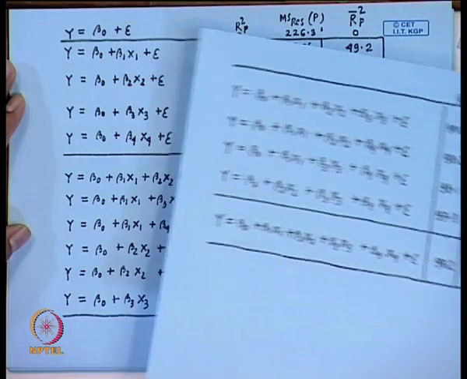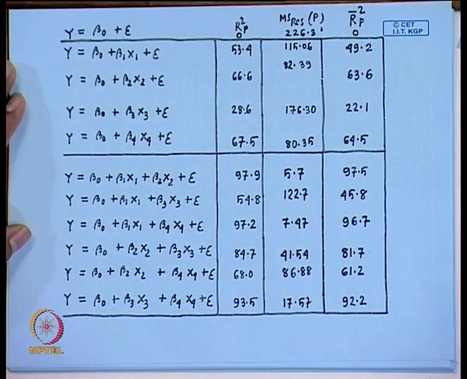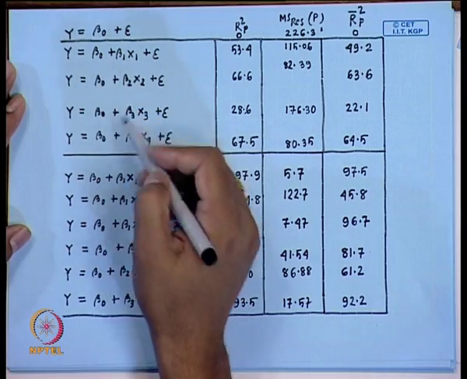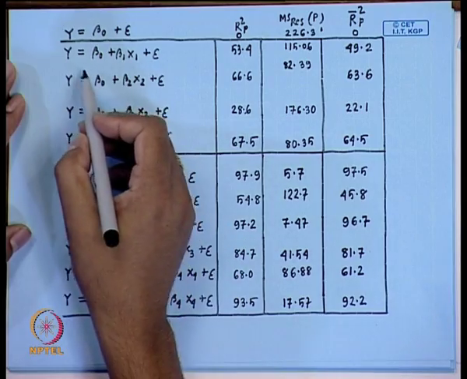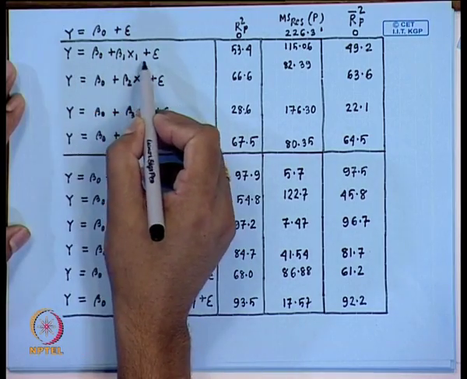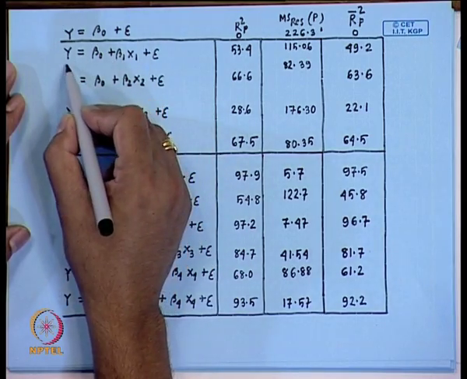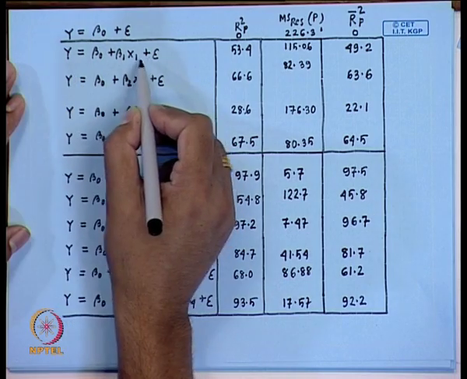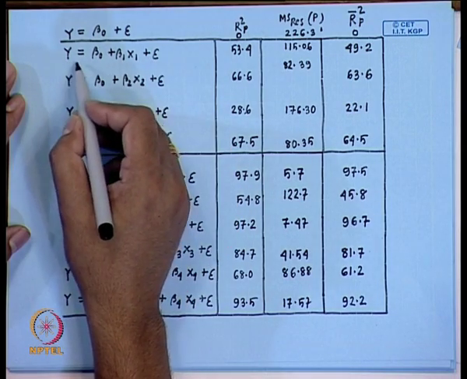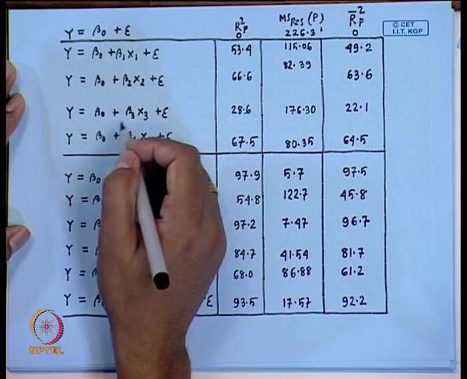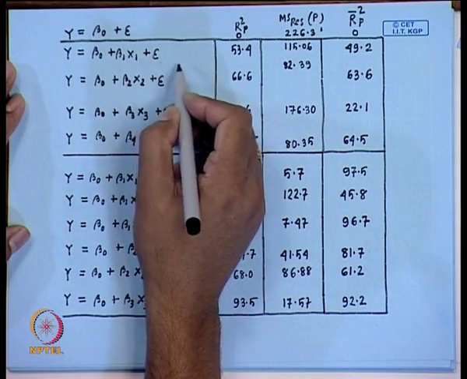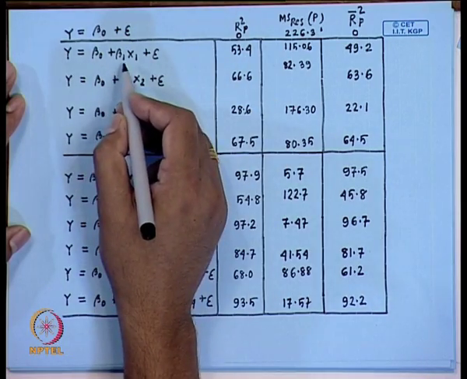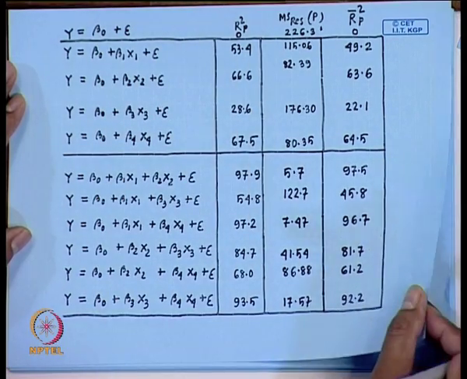Now, we need to fit each of them, and once you have the fitted model involving x1, you can compute the SS residual, SS total, and from there you can compute the coefficient of multiple determination.